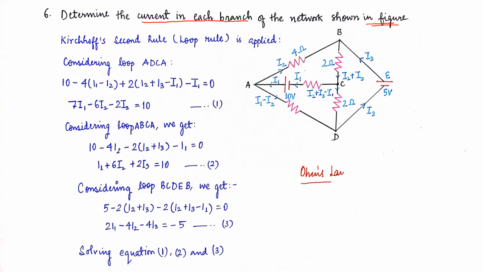Ohm's law is V equals IR. The voltage across any given point is equal to the current and the resistance at that particular point. So the combination of this current and this resistance will give us the potential drop across AB. That is how we are applying the loop rule, Kirchhoff's second law.